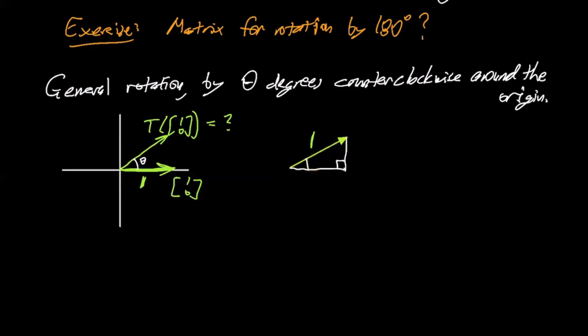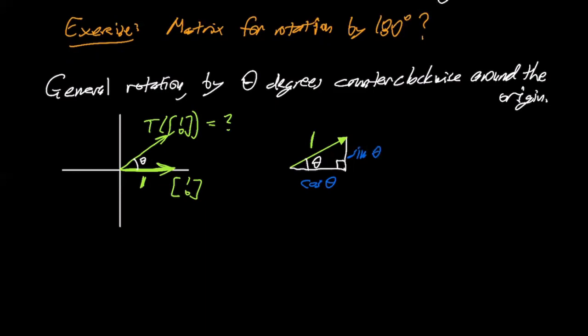Let me try to draw that again. So ask yourself, what are those legs equal when the hypotenuse is 1 and the angle there is theta? And you know the answer, right? This is cosine of theta, and this is sine of theta. It's exactly the definitions of sine and cosine.